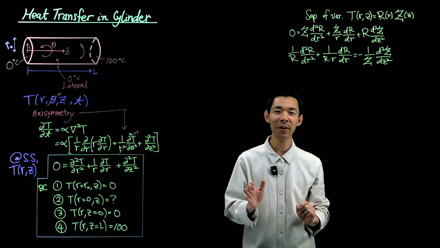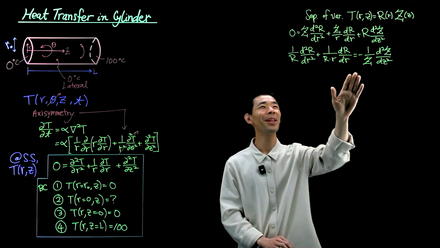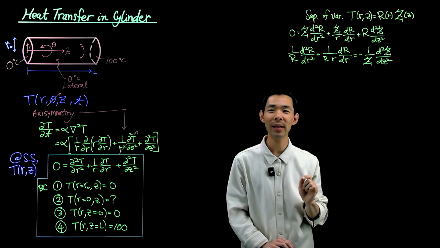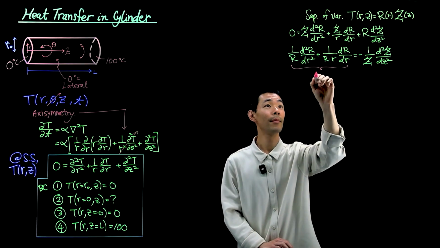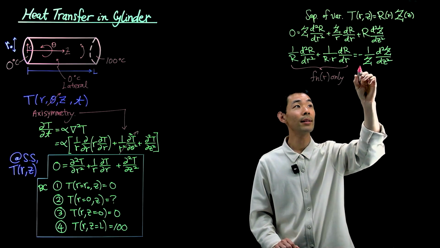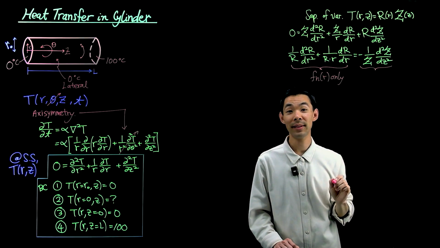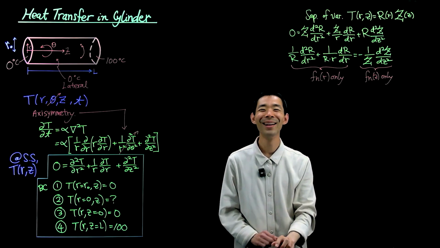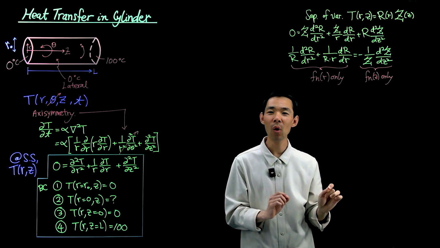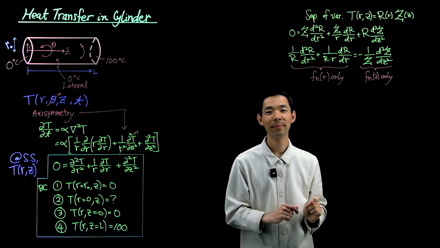But the same line of argument still applies. On the left-hand side, everything is only a function of the independent variable r. Everything on the right only depends on z. Therefore, the only way this could ever be true is if they are both equal to a constant.